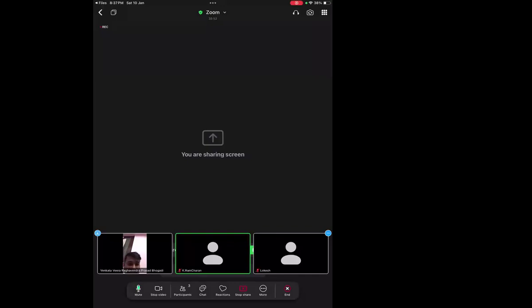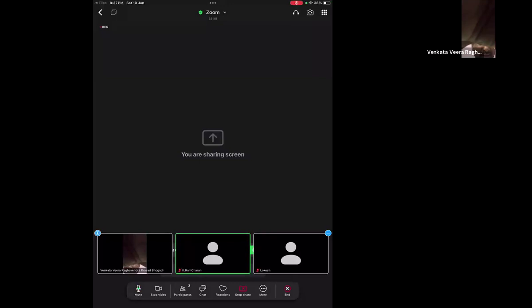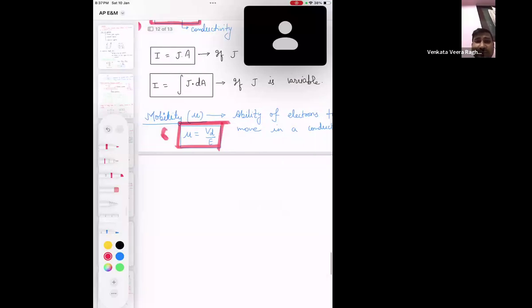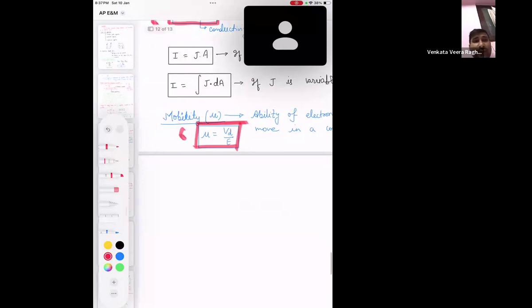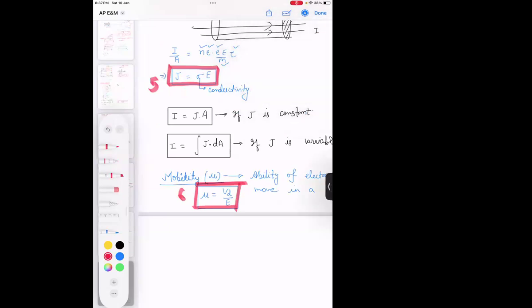Right. So now let's discuss some of the questions, some of the examples based on what we have learned till now. What is the direction of current? What is the conventional direction of current? In the direction of flow of positive charge, or opposite to the direction of the negative charge.